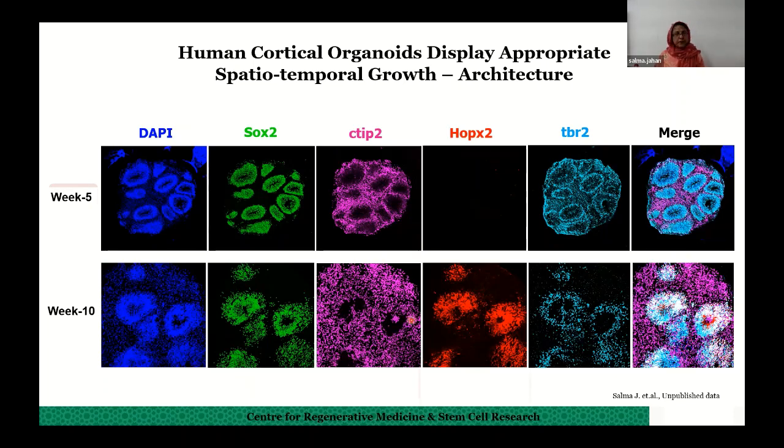Again, it is not expressed at the early time point, but it is expressed at the later time point, because it is one of the markers that comes out after the ventricular zone. All these progenitor cells are born, migrate, and reside in the subventricular zone, and then further differentiate into other cell types, such as TBR2, which is also an upper layer neuronal marker.